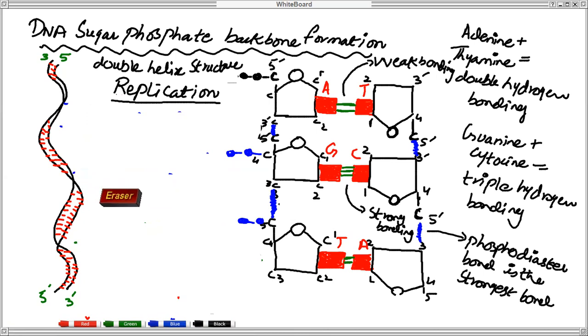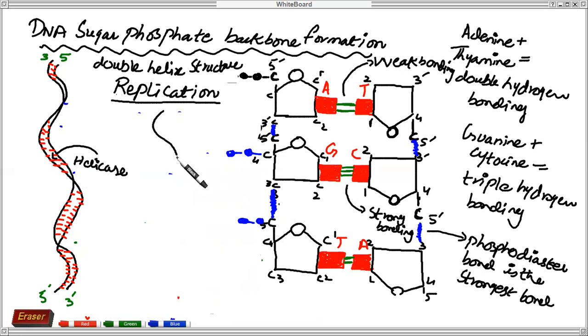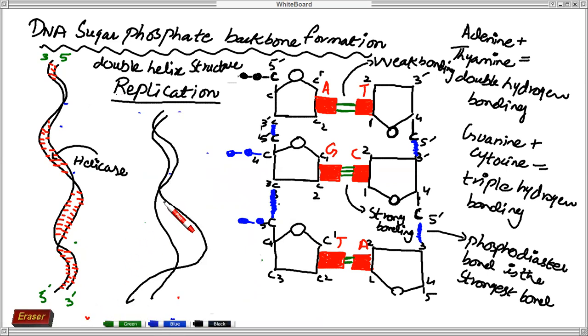Suppose helicase comes and acts on that groove. It will start breaking the hydrogen bonds. It gets unwound, forming a scissor-like shape, and the bases, the nitrogenous bases, get apart. The bond between them gets apart. The hydrogen bonds are broken. Now what happens?